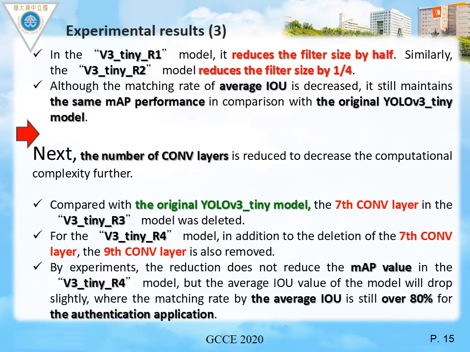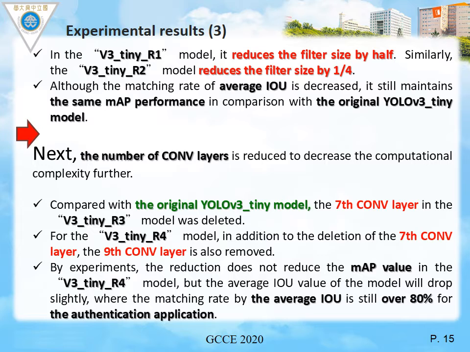In this study, in the V3 Tiny R1 model, we reduced the filter size by half. Similarly, the V3 Tiny R2 model reduced the filter size by 1/4. Although the matching rate of average IOU is decreased, it still maintains the same mAP performance in comparison with the original YOLOv3 Tiny model.